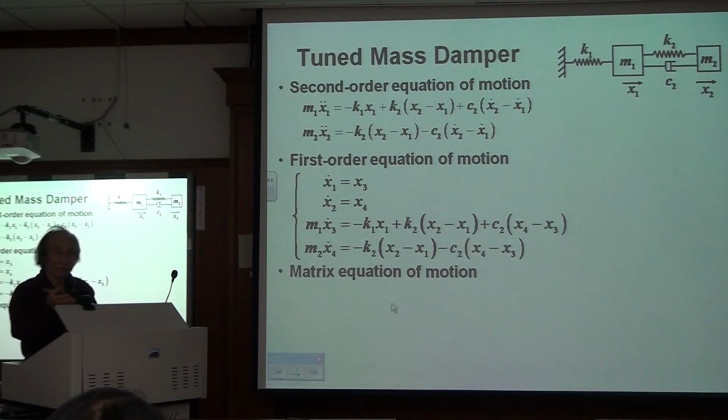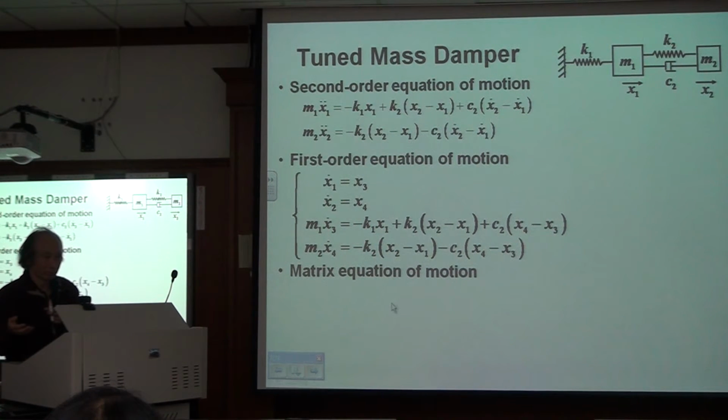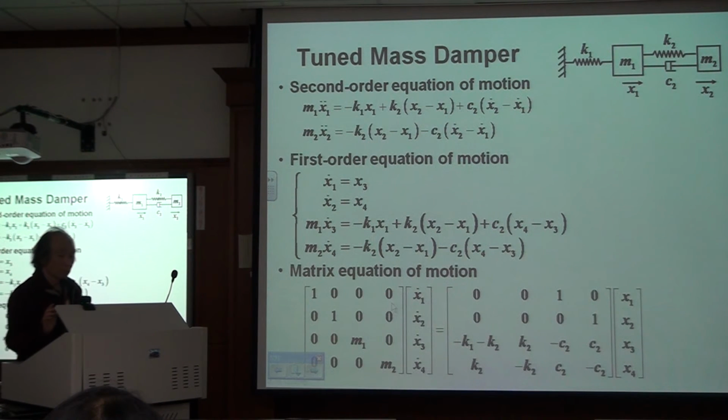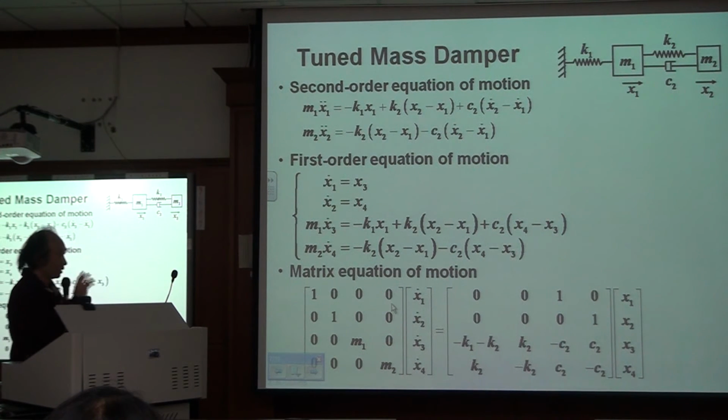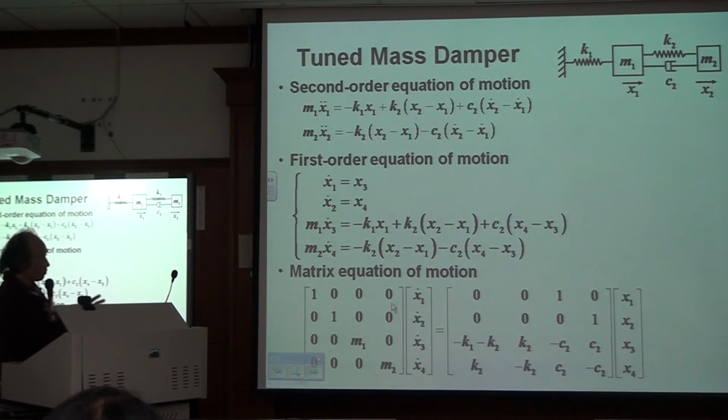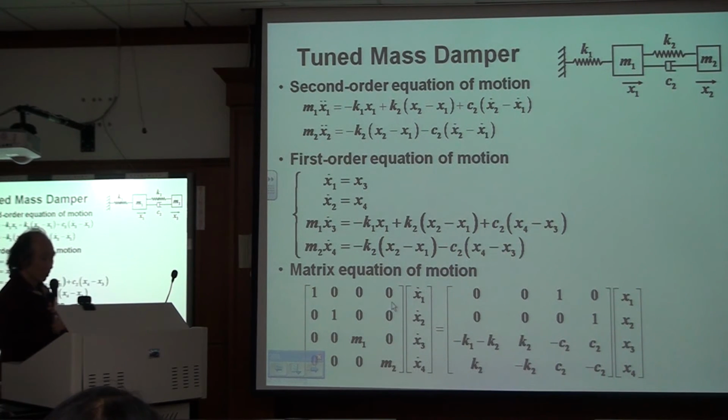And this has some physical meaning, because x3 is the velocity of x1 and x4 is the velocity of x2. Most people are using this. So the matrix equation of motion now becomes this way. Now it is a 4x4 matrix on the left-hand side.